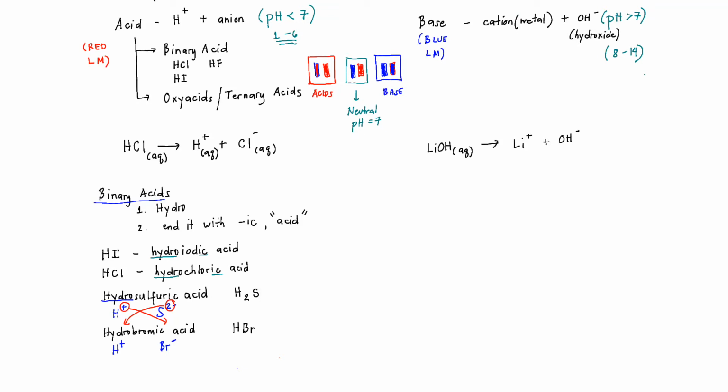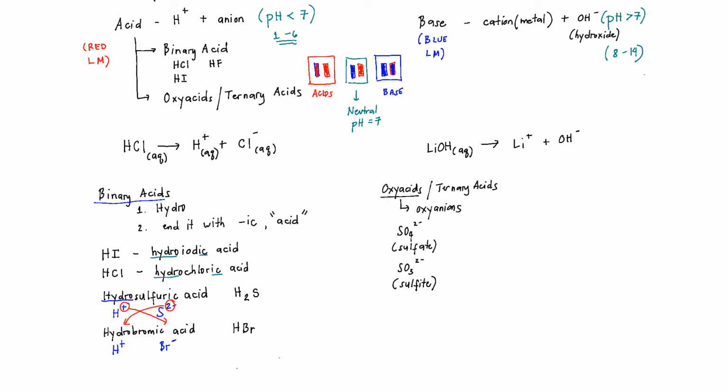Now, how about naming oxyacids or ternary acids? From the word itself, oxyacids are coming from oxyanions. So here are examples of oxyanions. SO4, 2 negative, this one is sulfate. While SO3, 2 negative, this one is sulfite.